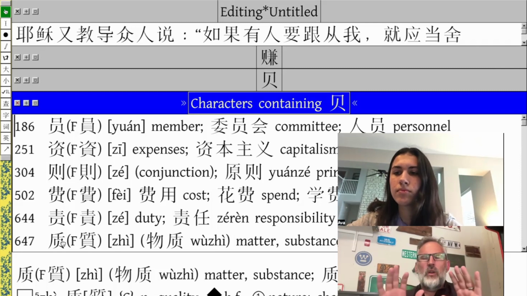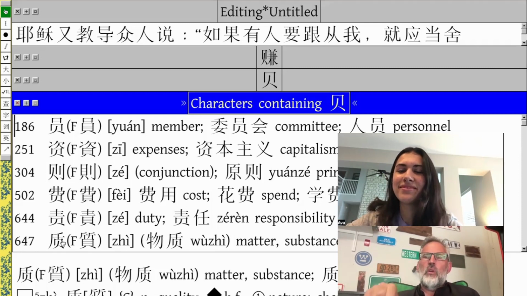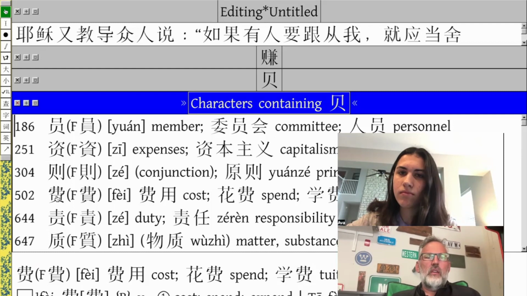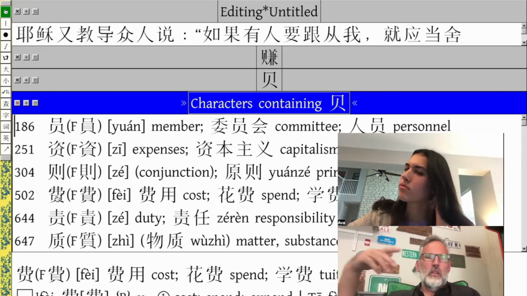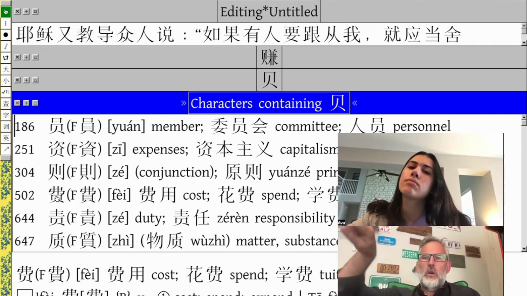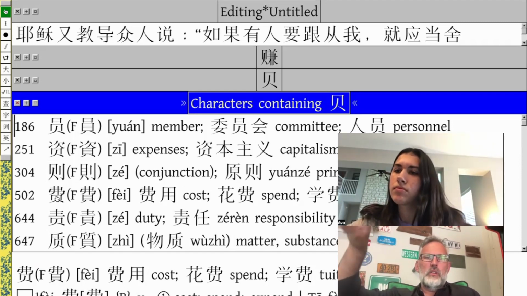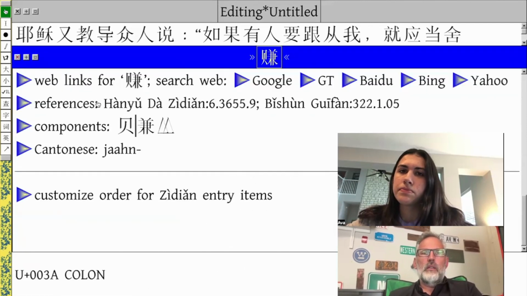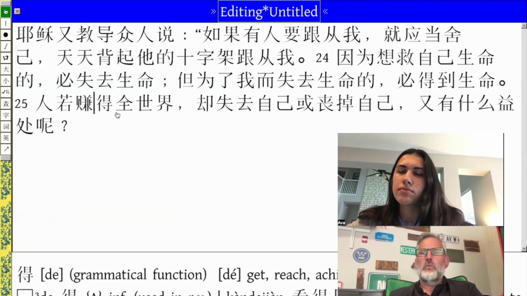Because when you're looking at it, you go, that looks kind of familiar, and it's familiar because you recognize one of the radicals, but not because you actually know it. But if you know, oh, 费 is 弗 on top of 贝, and all I have to do is add the 刂 on the right, and then I have 则, and all I have to do is add the next part, then it starts to feel more like Legos that pop together, and you don't have that lost-and-guessing sort of thing going on.